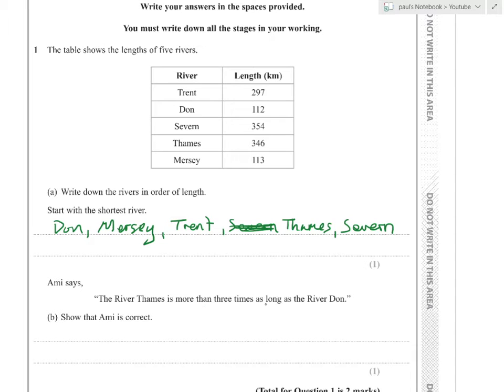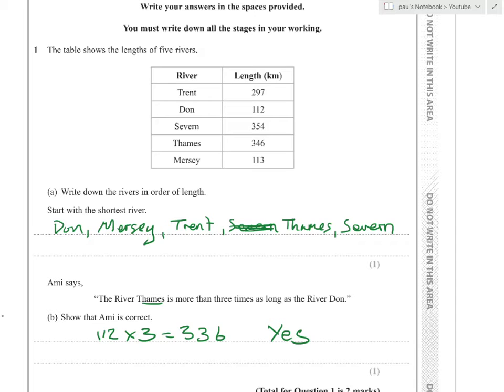River Thames is more than 3 times as long as the River Don, so we're going to take the Don and multiply that by 3, which is 336, isn't it? 336. And is the Thames more than 336? Thames is, yes, she is correct.